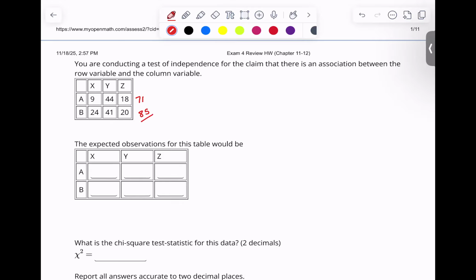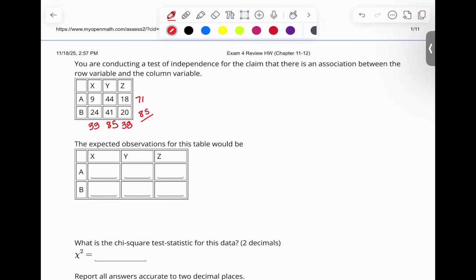Then I'm going to get the column totals. So I'm going to add up the column X, that is 33. Column Y is 85. And column Z is 38. And then I'm going to find the total total. The total total is the total of the columns or the total of the rows.